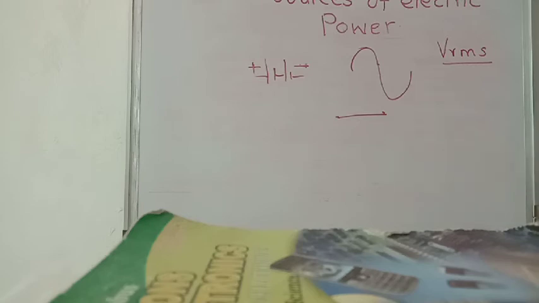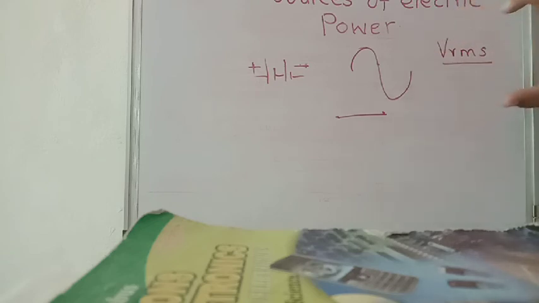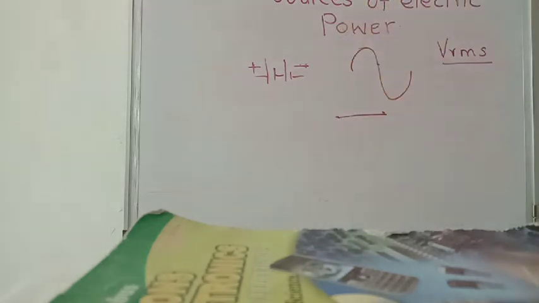So we put in the rectifier circuit that rating of the transformer. If we want 9 volt, then we substitute there a 9 volt secondary transformer. If we want 6 volt, then we put there a 6 volt secondary transformer in a rectifier circuit.